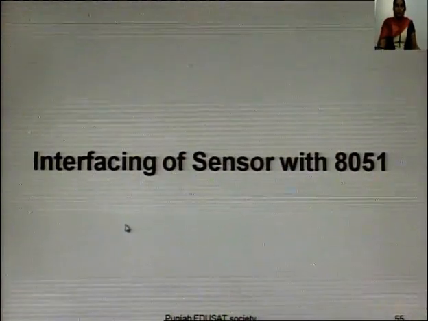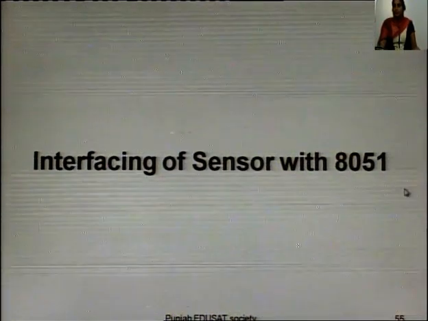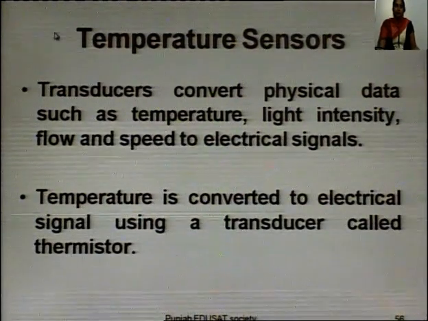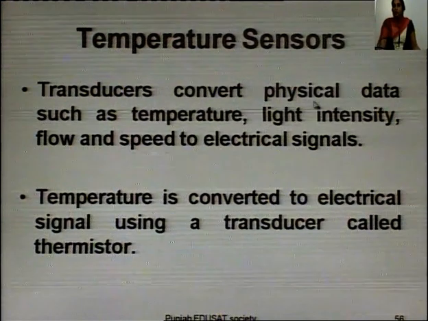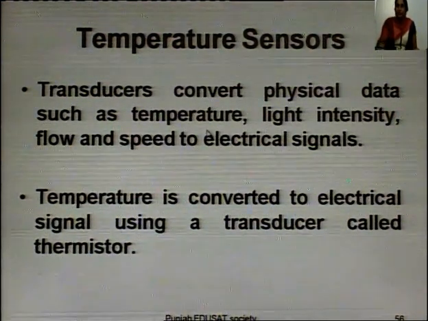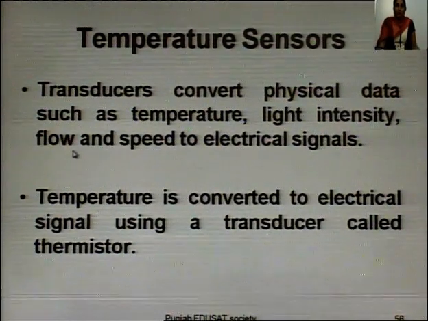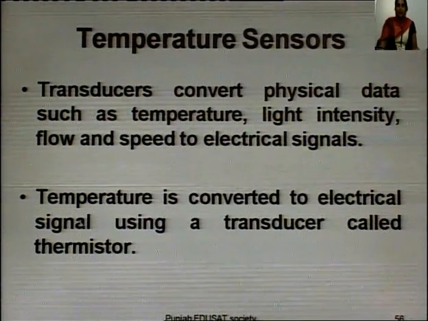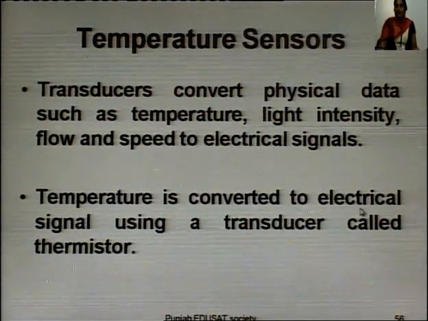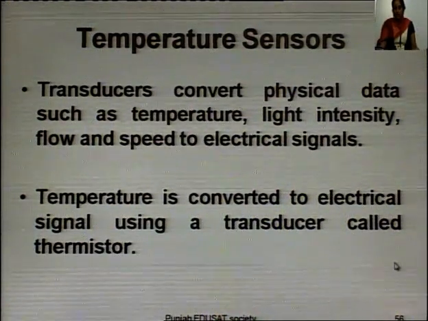Now we have interfacing of a sensor, that is a temperature sensor, with the 8051. Transducers convert physical data such as temperature, light intensity, flow and speed to electrical signals. Temperature is converted to an electrical signal using a transducer called a thermistor.